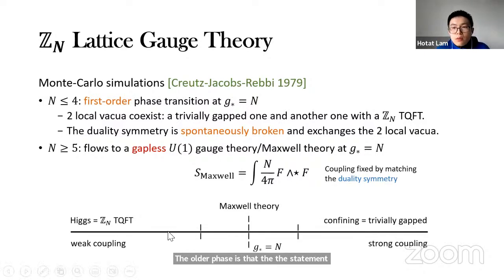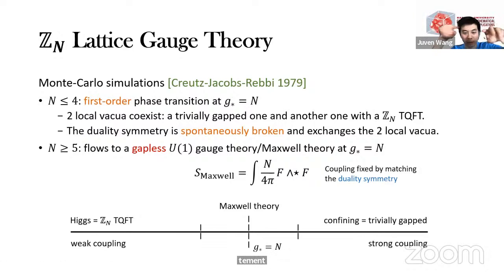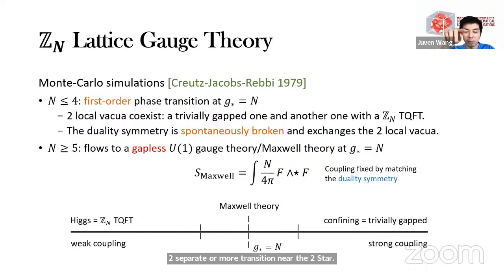So there are no two or more separate transitions near the G star, but rather a symmetry-enforced gapless transition just at G star.